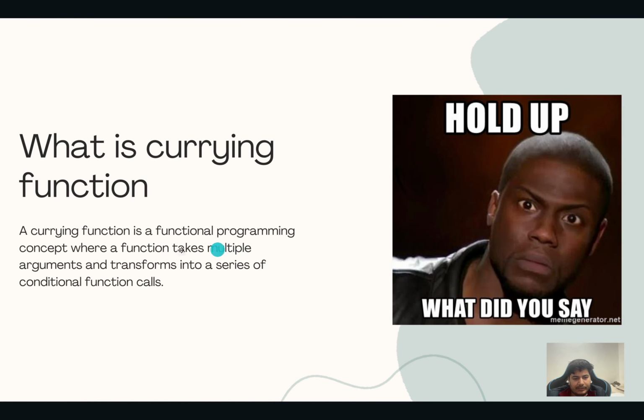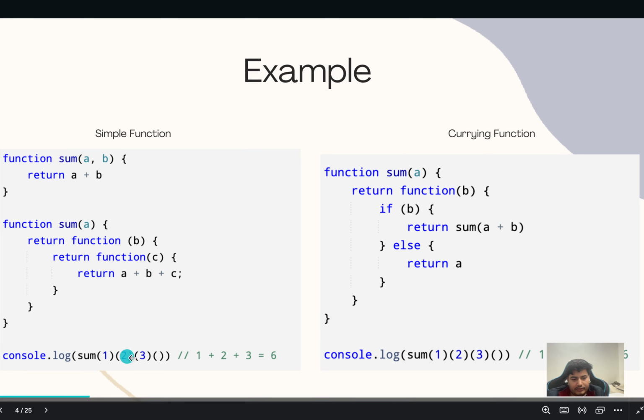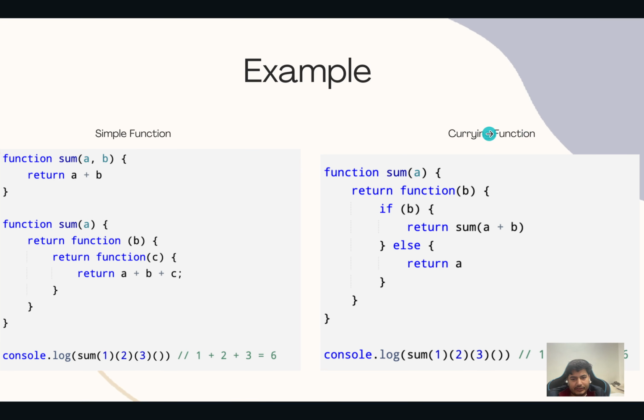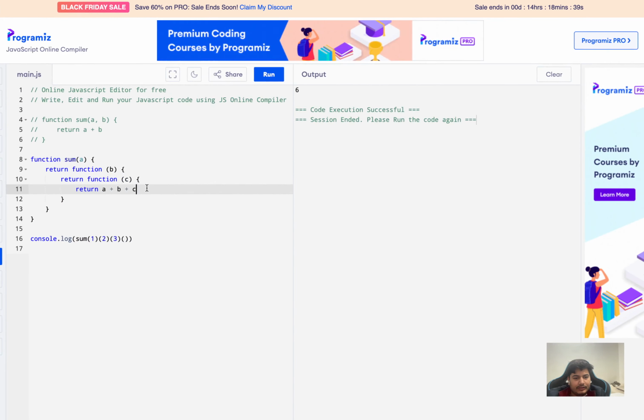So it is taking multiple arguments and transforming into a series of function calls, but not conditional function calls. So the problem here is it is not conditional. Once we add the condition, this will become the currying function. Now we will understand how we can add this condition.